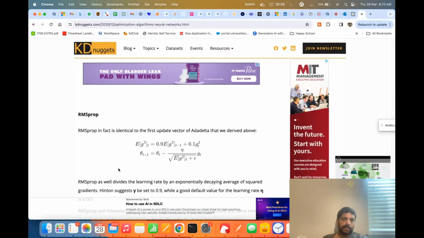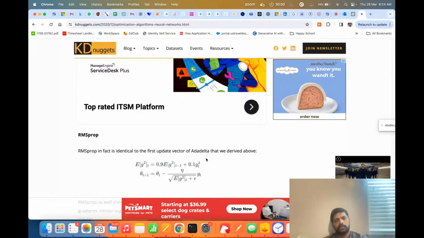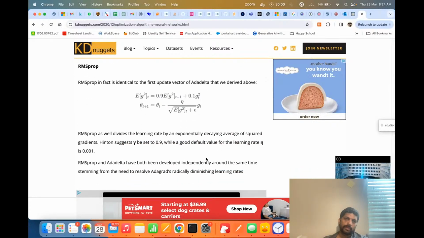He says here that the update from t plus 1 minus G_t is in fact identical to the first update vector of Adadelta that we derived above. RMSprop as well divides the learning rate by an exponentially decaying average of the squared gradients.